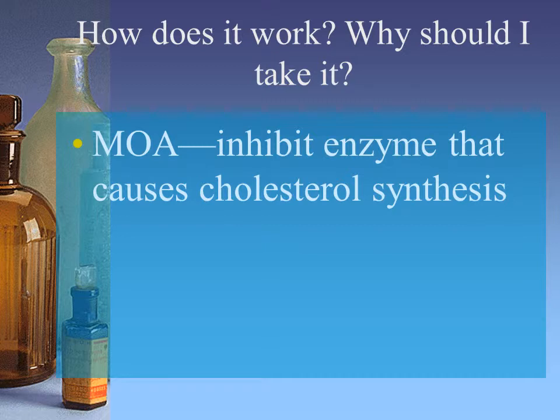Your liver makes about 2/3 of your daily cholesterol requirement. So if we cut down on how much cholesterol your liver makes, we will cut down on the amount of it that's circulating in the body. So it works by decreasing the cholesterol in your blood because it decreases the amount that the liver makes. So now why should Joe take it?